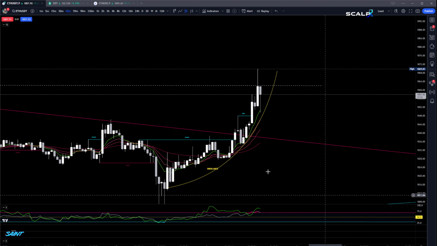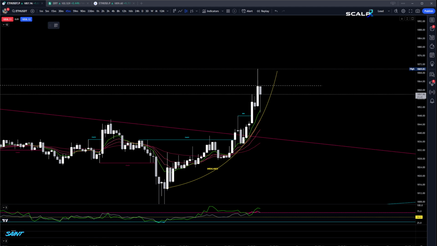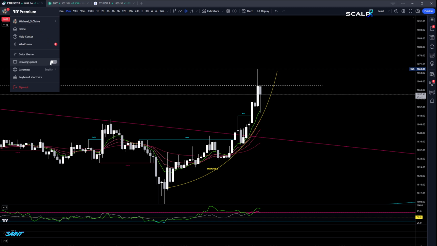Oh, and I probably should mention the actual tool to chart your harmonics. I use the XABCD tool. So come over to your drawings panel. I already have it added to my favorites, but it's the one, two, three, fourth box down.